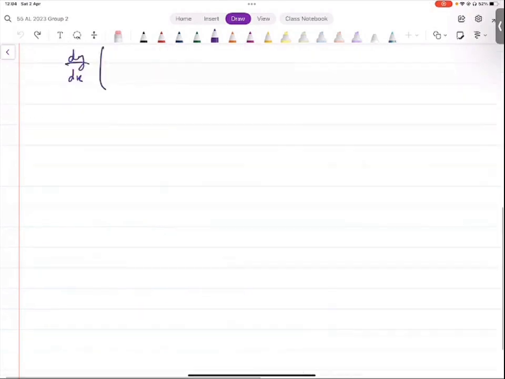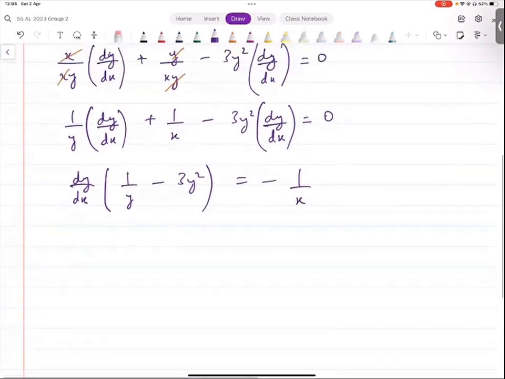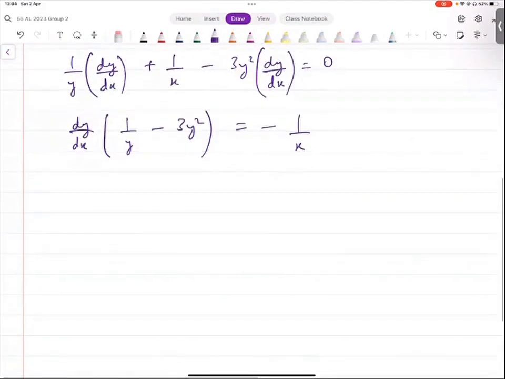That gives us 1 over y minus 3y square. On the other side, we've got minus 1 over x, right? ये dy over dx आ गया. अब हमें इसको सब्जेक्ट बनाना है. So we take this thing to the other side.